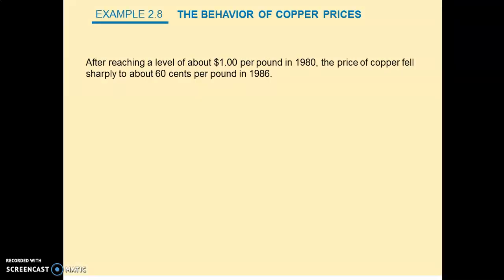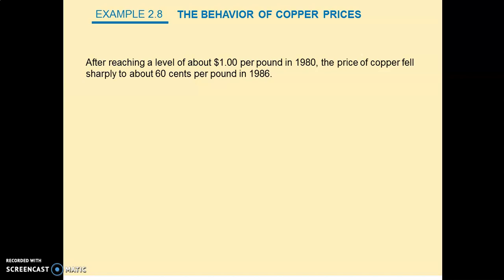The next couple of slides, from slides 44 to 49, present further applied examples examining the behavior of copper prices and world oil markets as a second example. Please work through these to strengthen your understanding. That's slides 44 to 49.